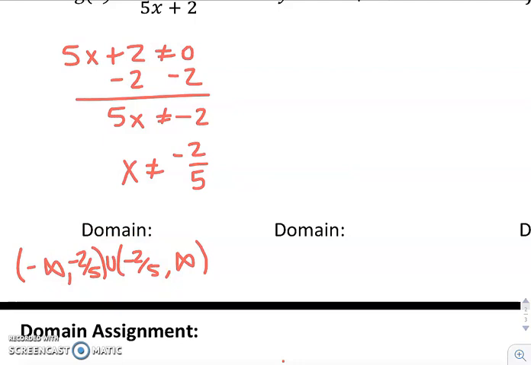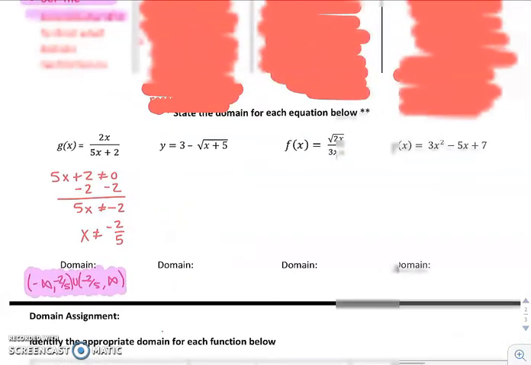So you need to first figure out what your x can't be, and then write that in interval notation for the domain. So when you have a fraction, the domain needs to be restricted to what value of x would make that denominator 0. So you need to solve for what that would be.